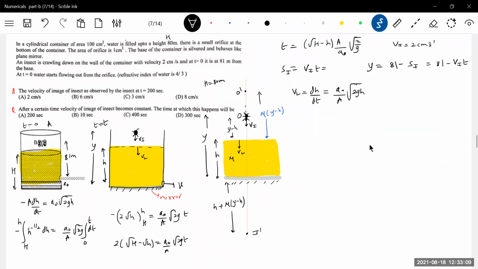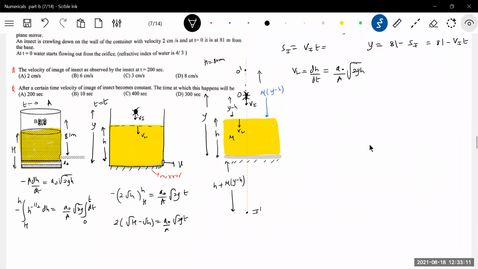Okay, now this I dash will again undergo refraction. So everything from here will appear inside the water. So the final image should appear here, I. So how do we calculate that height? I'll call it HF. What is HF?